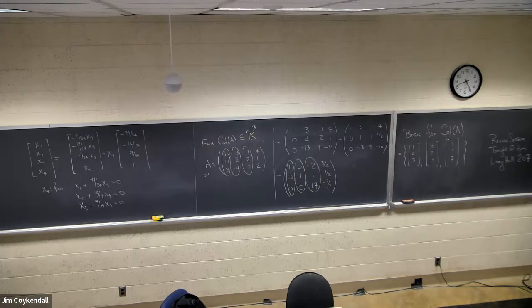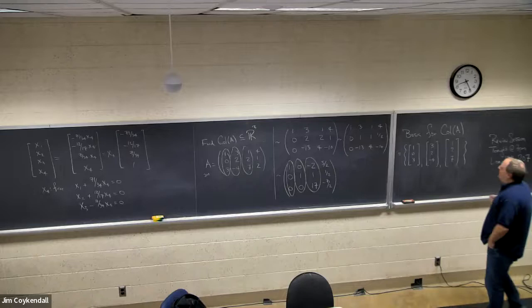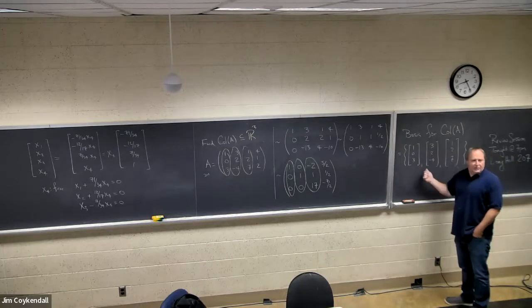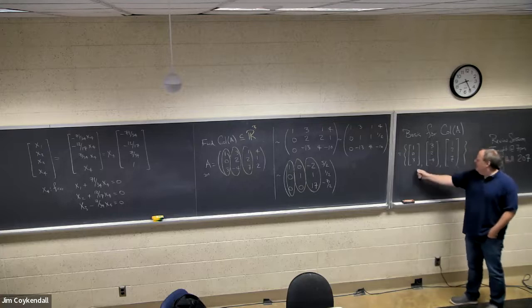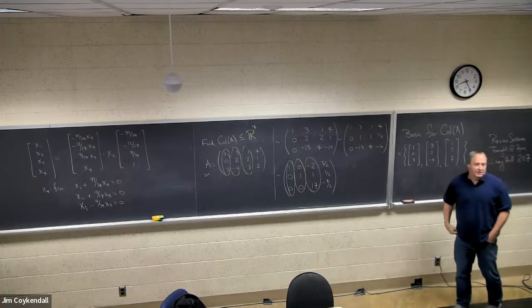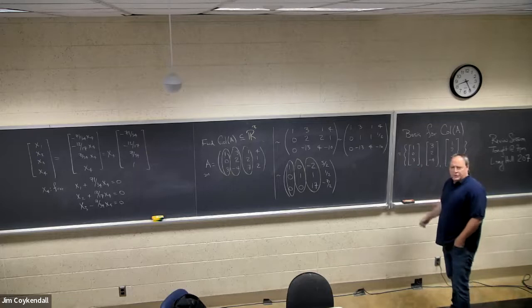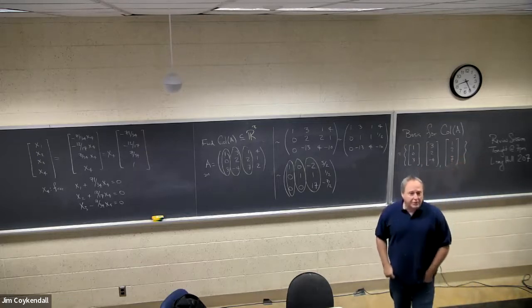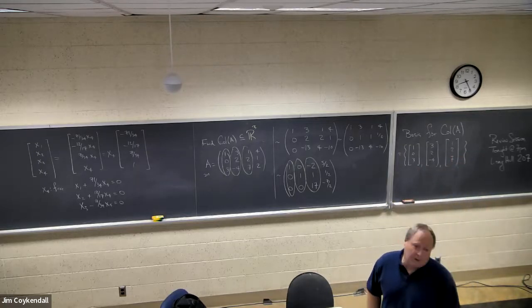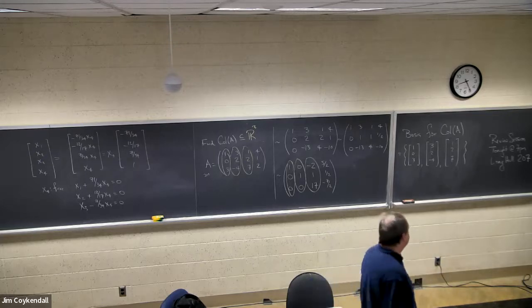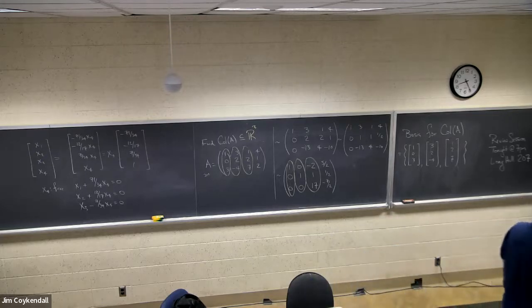My favorite basis for R3 is e1, e2, e3: 1, 0, 0, 0, 1, 0, 0, 0, 1. But this is a basis too. Why would you ever use such a messy basis? Well, there are circumstances where it might be easier depending on what your problem is, and we'll discuss that when we get to orthogonal and orthonormal bases.